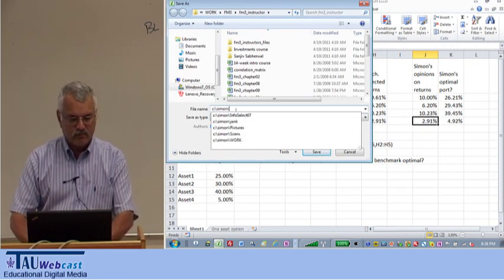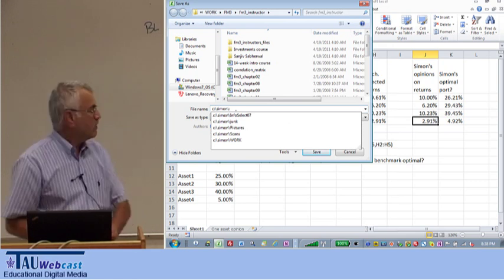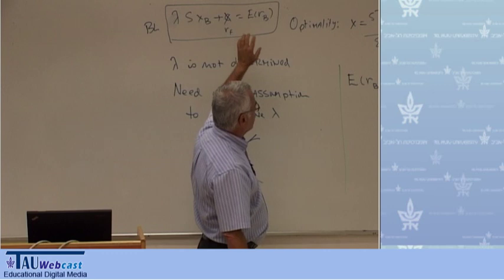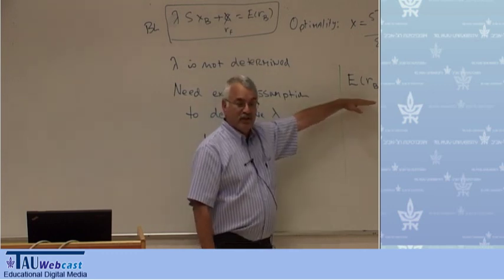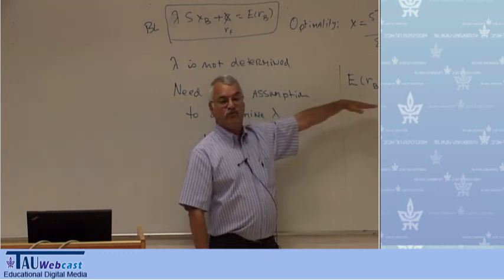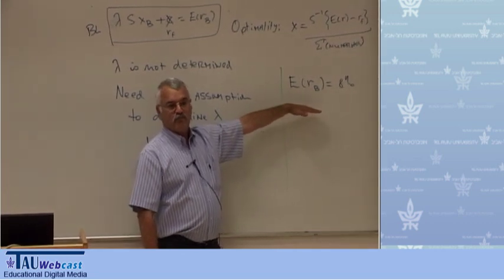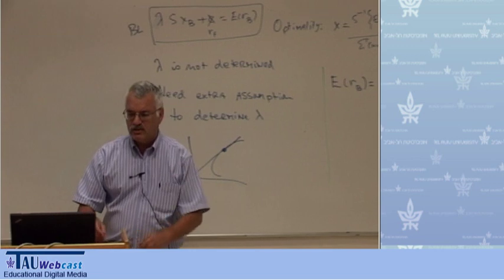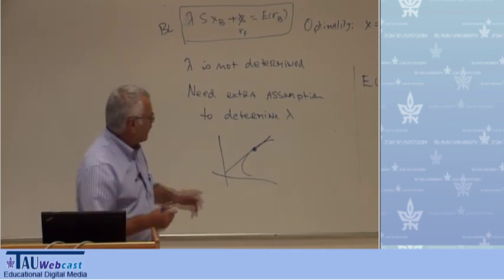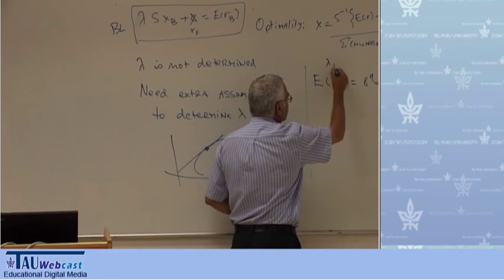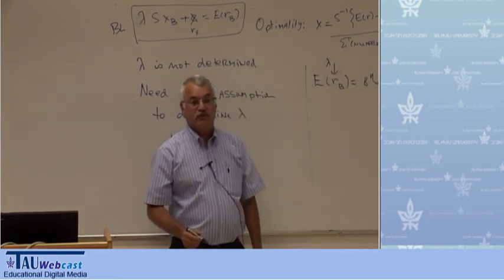What exactly is Lambda? The question is, what is Lambda? The answer is, Lambda is something that's related to an external fact that you have to specify. Actually, that's not such a bad question. In this case, Lambda influences the expected return on the benchmark.